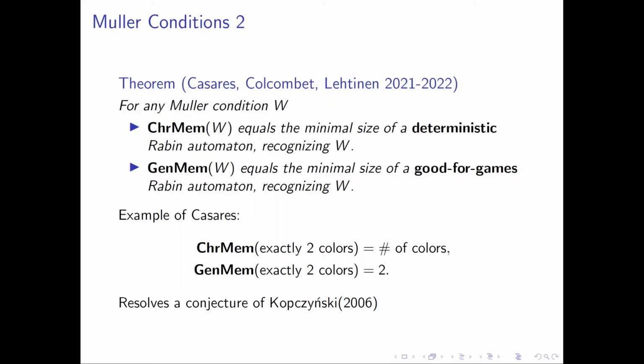So basically, this is a non-deterministic automaton with Rabin acceptance condition, and in a sense, it can be determinized on any specific infinite path.